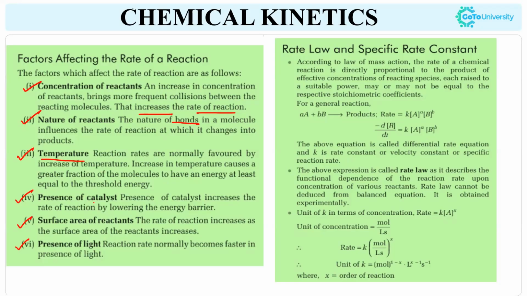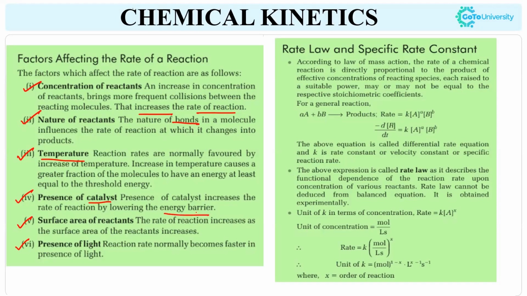Now, catalyst. A catalyst is an external substance that can increase the rate of the reaction without participating in the reaction. That is a catalyst, right? So the catalyst is not participating in the reaction, but it can decrease the activation energy and increase the rate, because activation energy is always acting as an energy barrier.